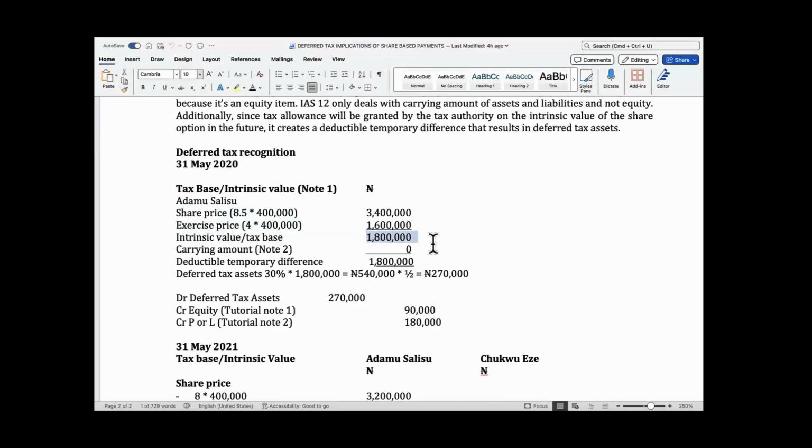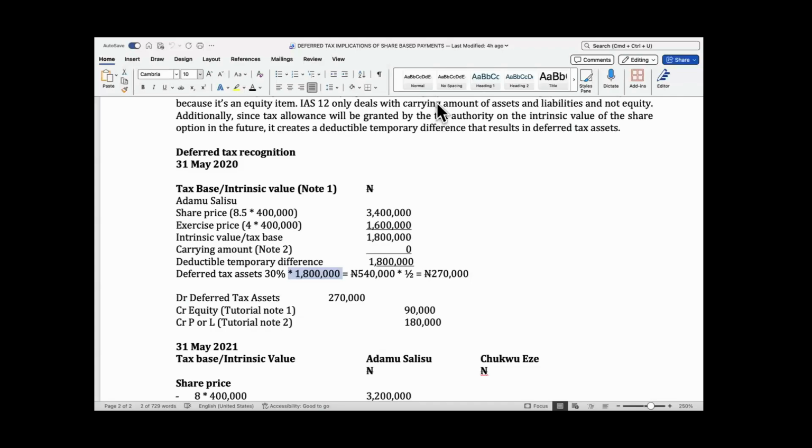So if I apply 30% on this intrinsic value, it gives 540. In order to get my deferred tax for 2020, I will need to prorate this by 1/2 because this is cumulative for the 2 years.